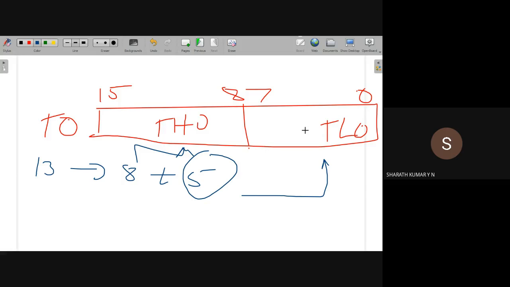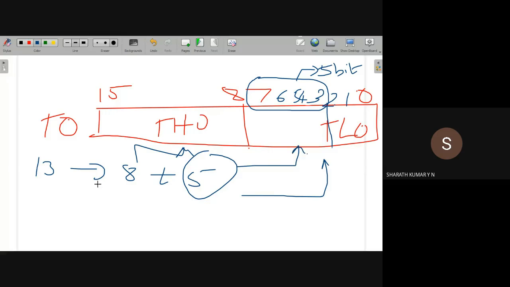Out of these bits, the lower 3 bits, 0, 1, 2, are not used. The next 5 bits, in blue color, 3, 4, 5, 6, and 7, are the 5 bits used as the other 5 bits of the 13-bit timer.